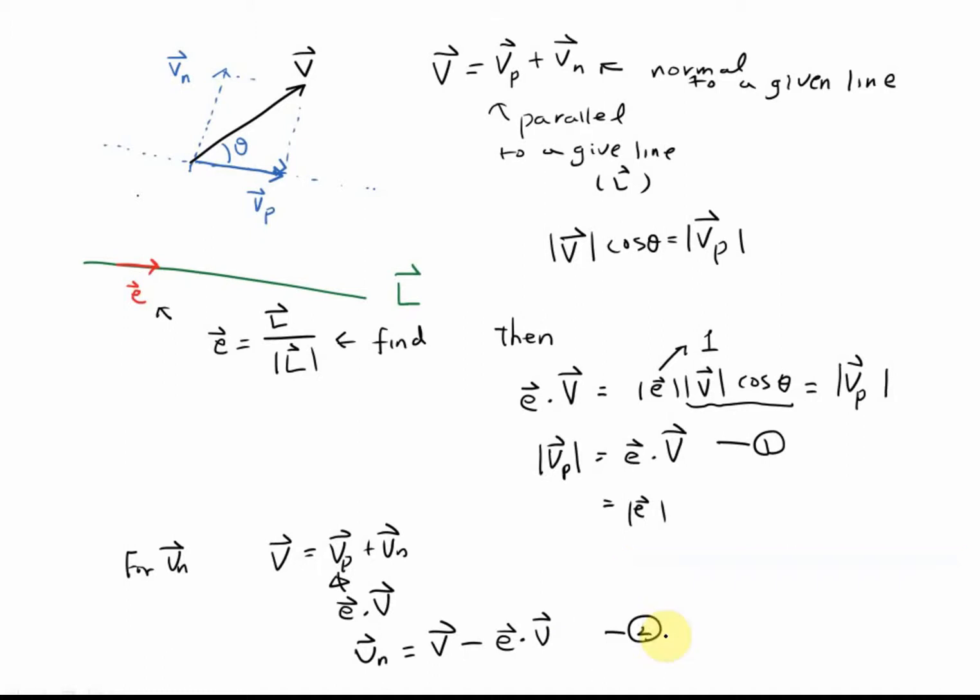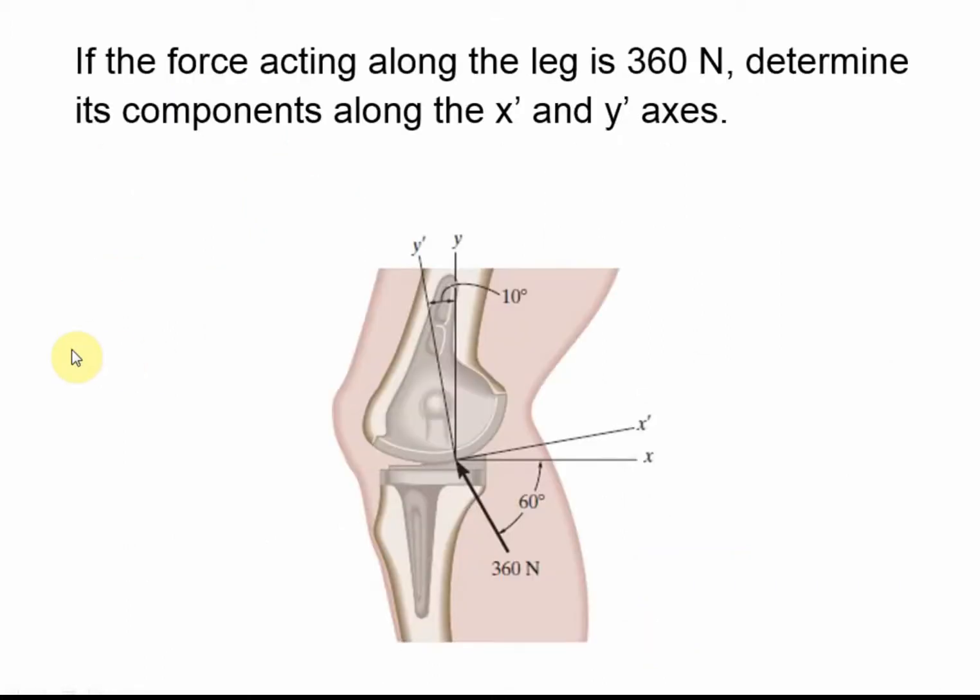Let's do an example. In this example, determine the vector components along x prime and y prime. You can use a graphical way to solve this one, but we can just use our vector dot product as well.